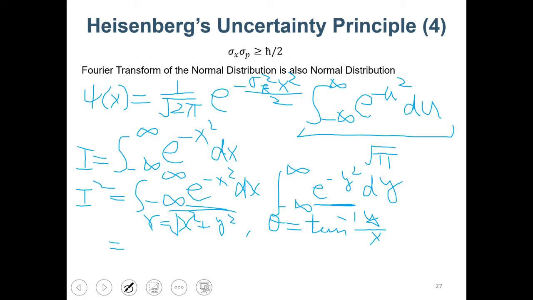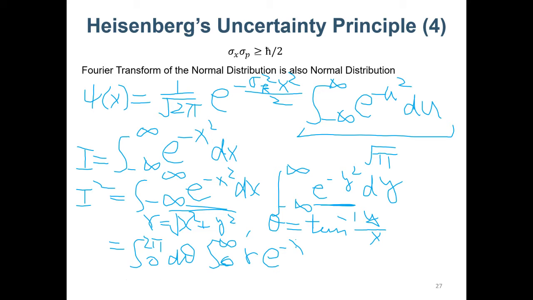Then you have the integral from 0 to 2 pi d theta, and integrate from 0 to infinity r exponential to minus r squared dr. So this one is 2 pi, this one is 1/2.